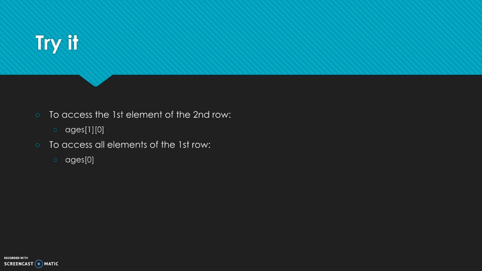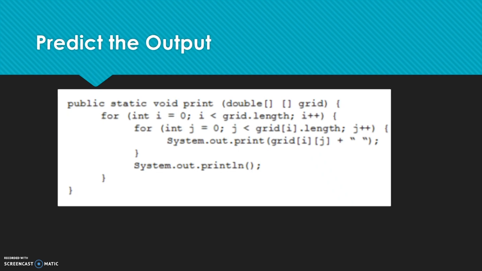The first row is represented by a one-dimensional array, ages[0]. So now let's build on that. To access all the elements of the second row, write it down please.